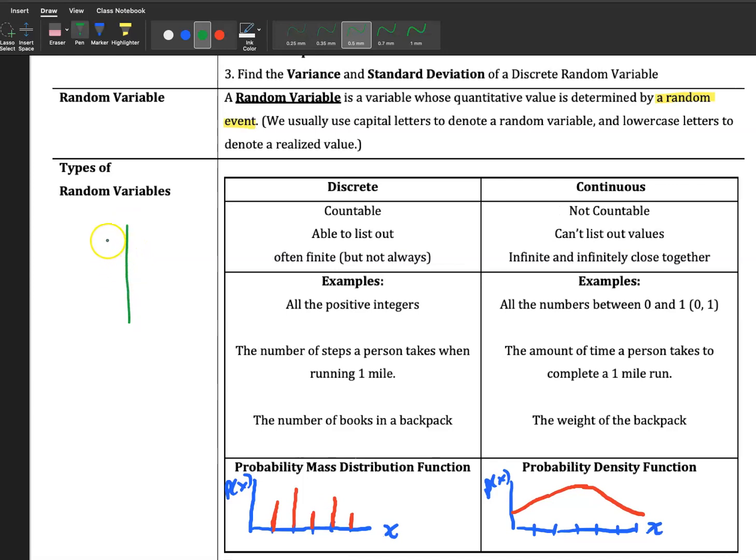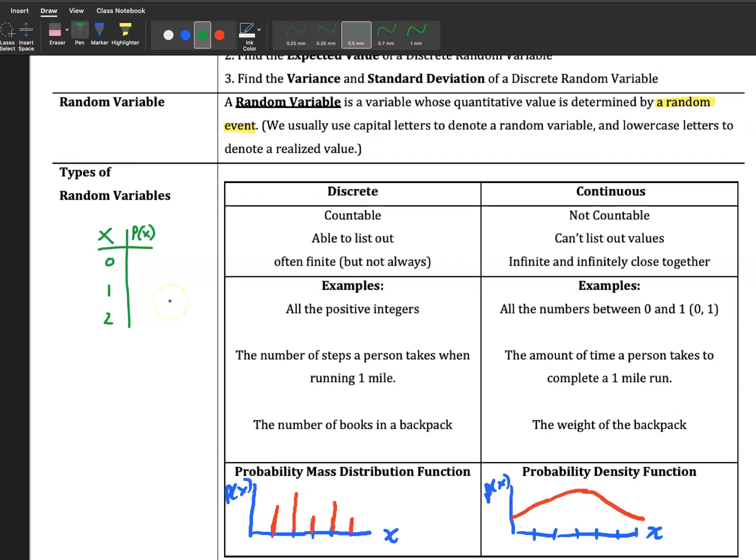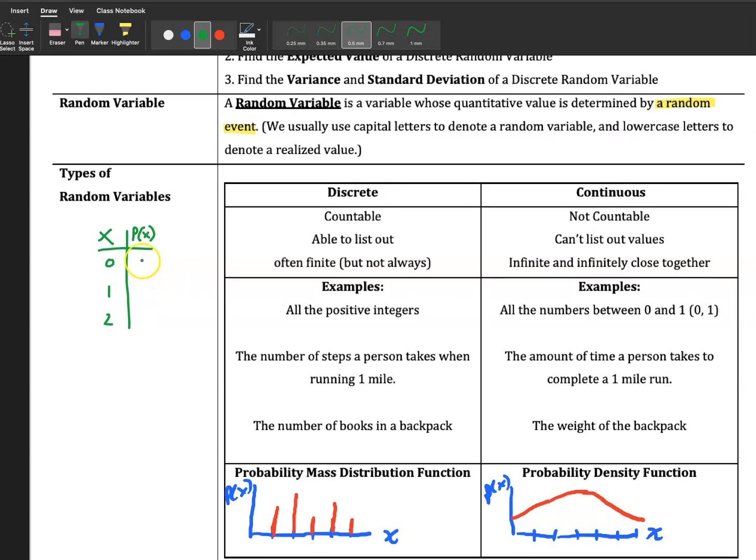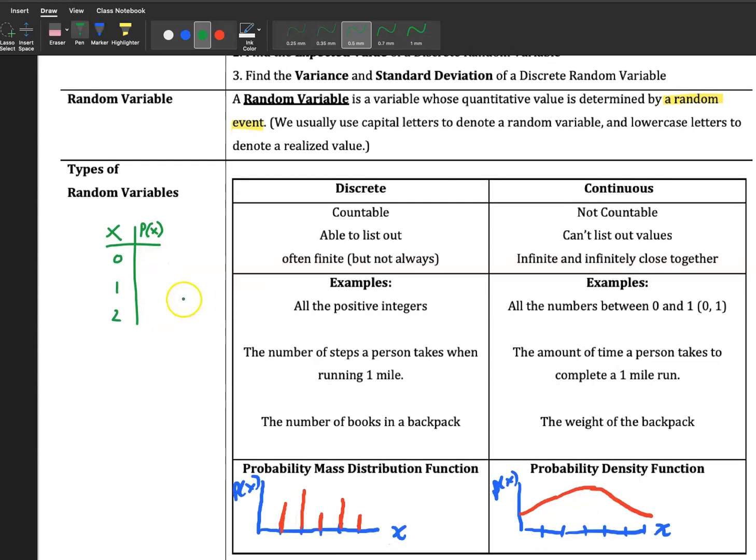If you had to predict what proportion of students, or what's the probability, that someone in this class has 0 siblings or 1 sibling or 2 siblings, that is what we're looking at here in terms of a random variable and its distribution.